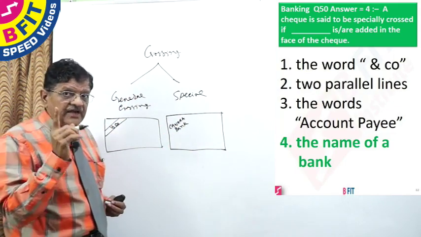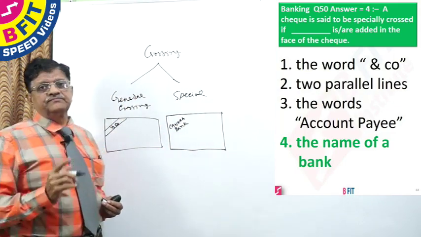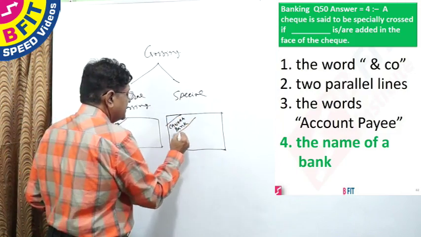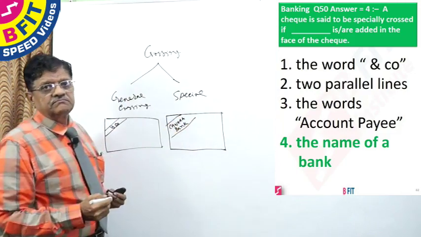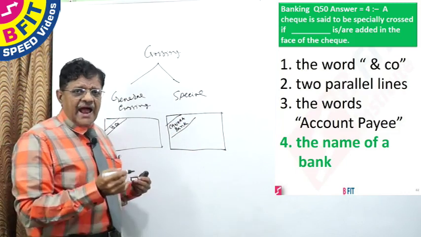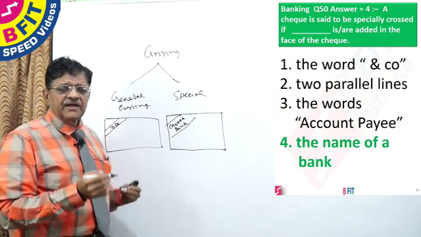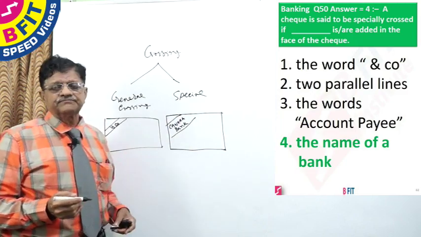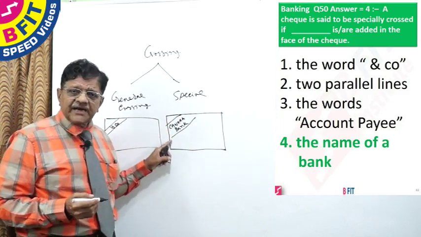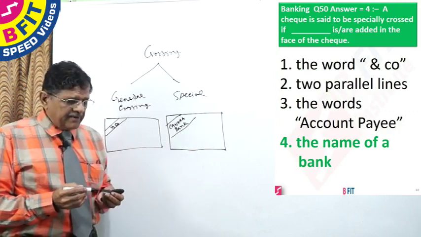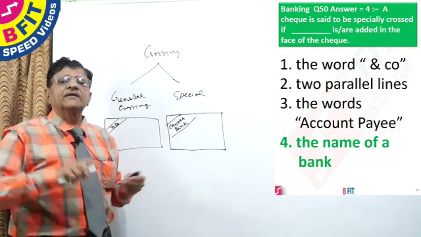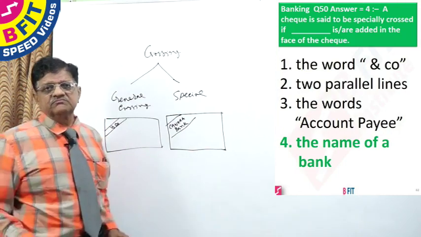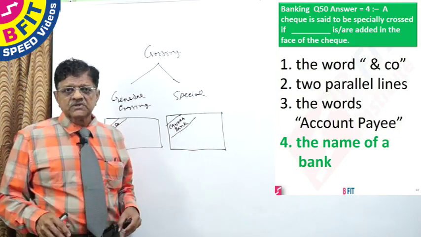With or, very very important, please remember this, with or without parallel lines. Merely adding the name of a bank on the face of a check will make it a special crossing. Parallel transverse lines are not required, because sometimes in the bank people think crossing means two parallel transverse lines must be there, and if not there, it is not crossed. No, the law is very clear.